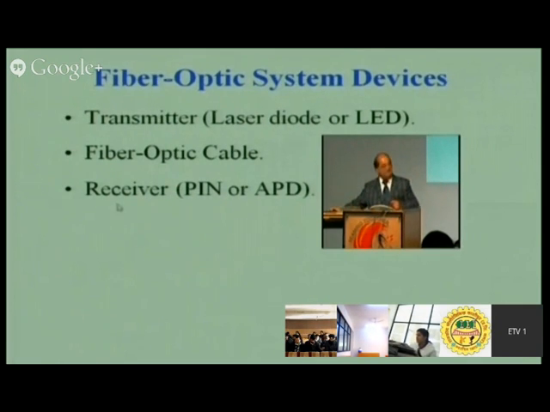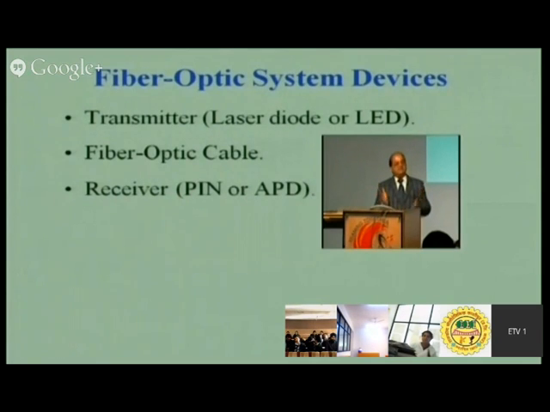Then of course the receiver. The receiver is at the end, where the signal is received and converted to a suitable form for delivering to the users. Mostly we use the pin diode, which is a reverse bias detector with P, I and N regions. We also have the APDs, avalanche photodiodes.